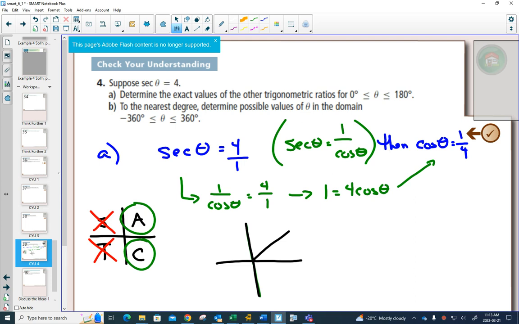I could draw a triangle back to my nearest x-axis. We always draw it back to the nearest x-axis so that we can label a reference angle. And I would now know that since cos is 1 over 4, I could label that adjacent over hypotenuse has to be 1 over 4. So the adjacent side's 1, my hypotenuse is 4.